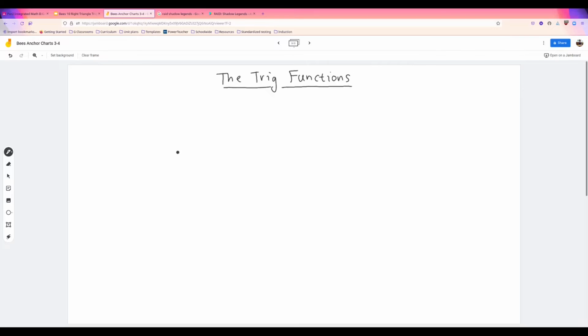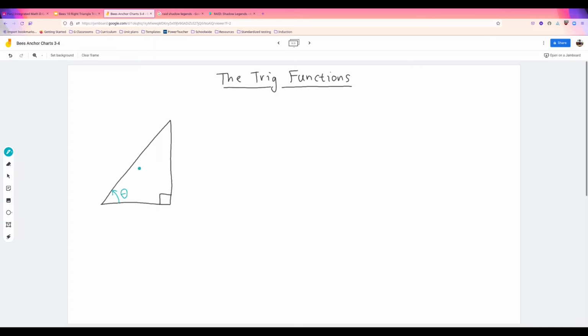Okay, so let's just redraw the diagram that we had before. Actually, just to make things a little bit more interesting, let's do a triangle that's a bit tall and skinny, just to show you that the same logic applies with the definitions.